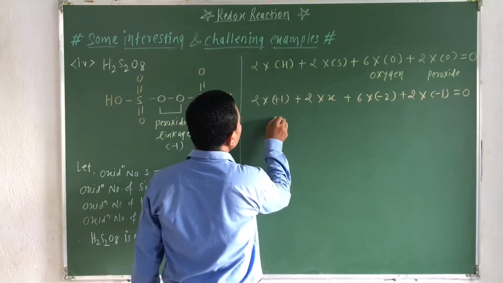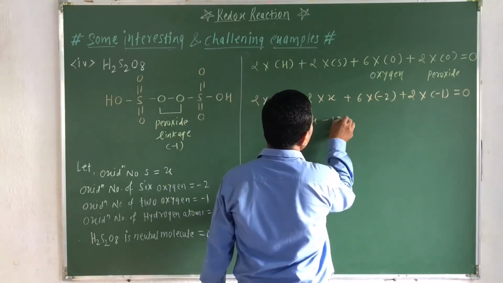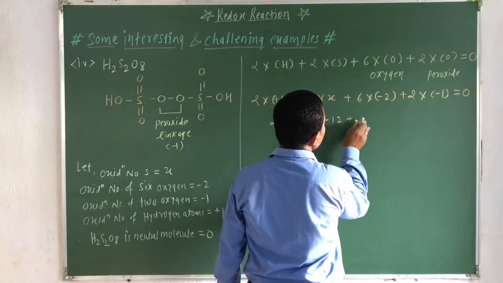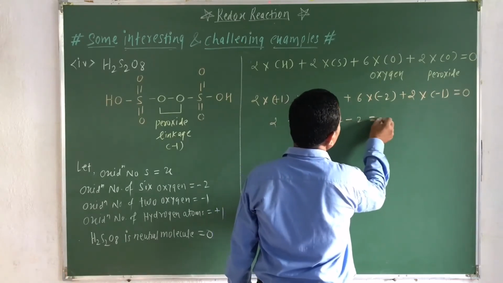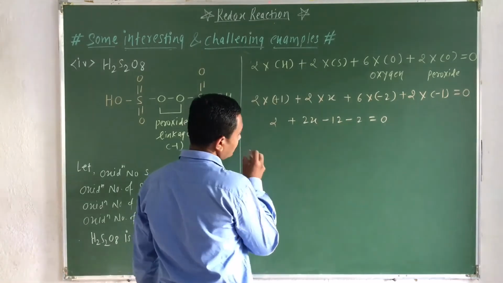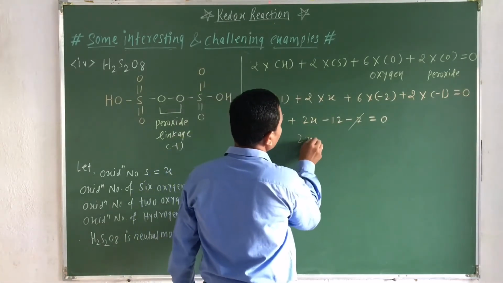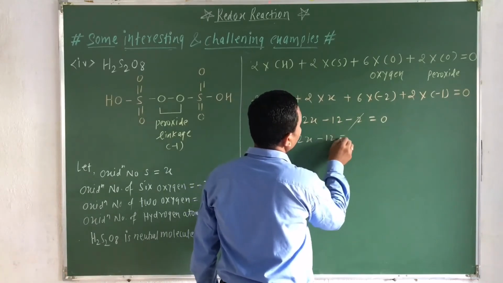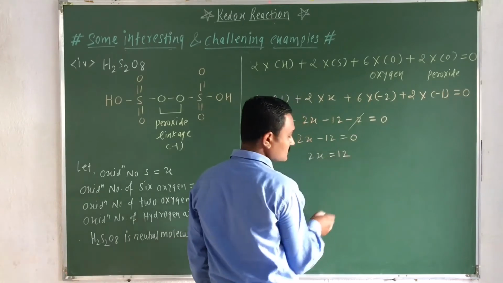Therefore 2 plus 2x minus 12 minus 2 equals 0. Therefore plus 2 minus 2 will get cancelled out. Therefore 2x minus 12 equals 0. Therefore 2x will be equal to plus 12.